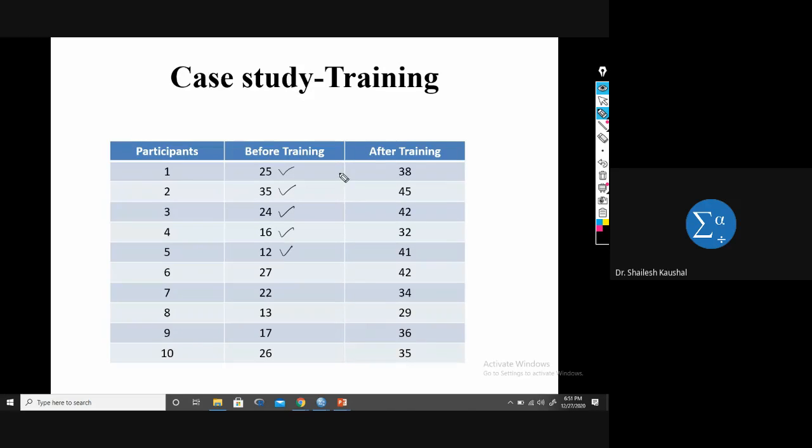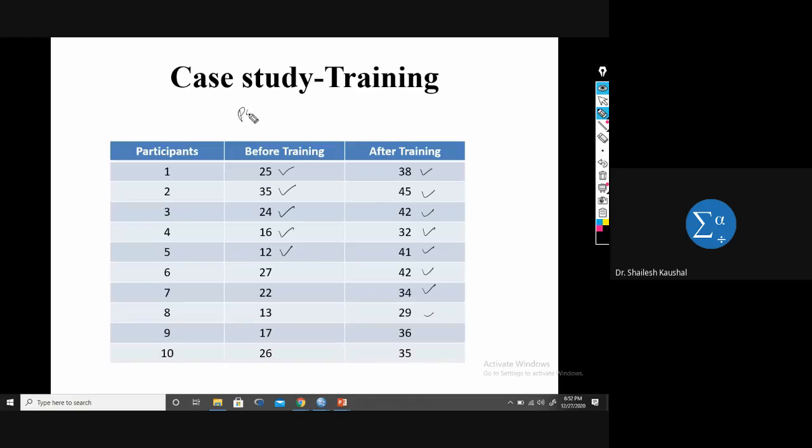After the faculty development program, the attitude scores increased to 38, 45, 42, 32, 41, and so on. Whether this difference is significant or not, the p value decides. If the p value is less than 0.05, there is a significant difference.